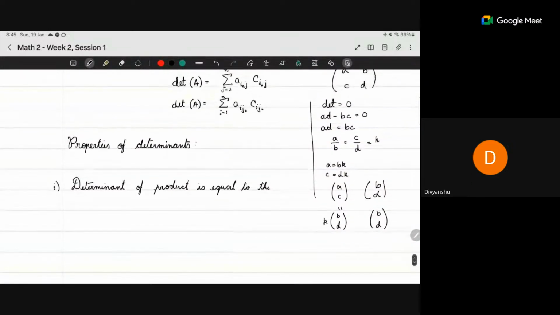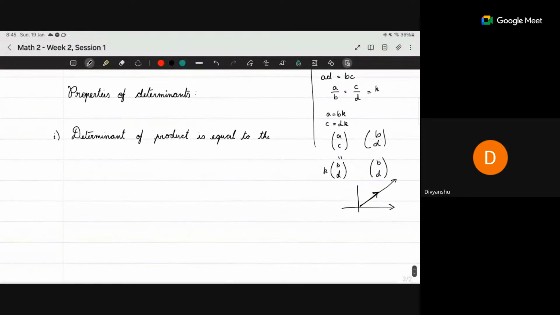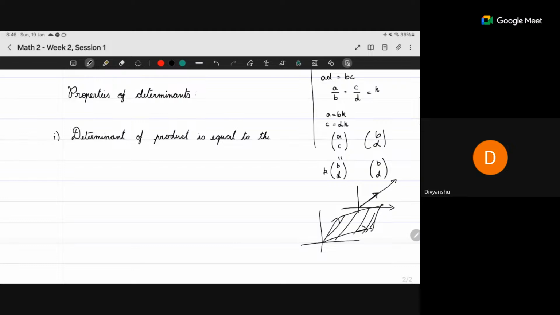So if you plot these vectors in the two plane, you will have (b, d) and (a, c) in the same line. They might be scales of each other, but they'll be along the same line. Or there is another way of saying that, the area of the parallelogram. If you have generic two vectors in a two plane, they have some area, right? That is the area of the parallelogram for which these two vectors are the sides.